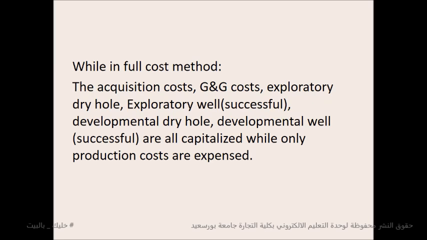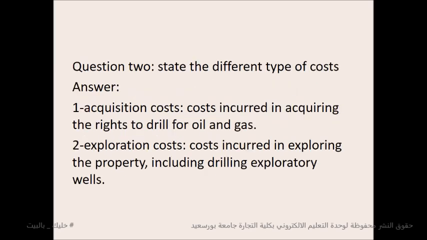While in the full cost method, the acquisition costs, G&G costs, exploratory dry hole, exploratory well successful, developmental dry hole, and developmental well successful are all capitalized, while only production costs are expensed.